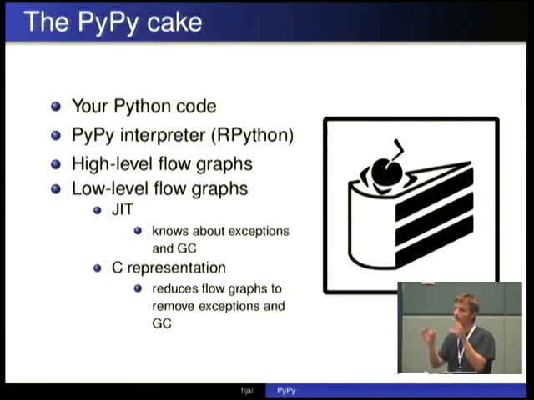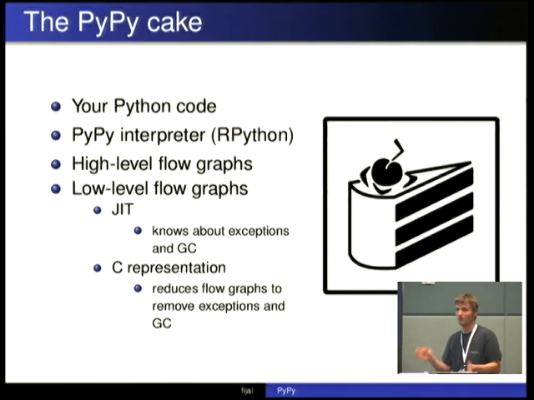Analyzing means that you create a flow graph of your interpreter, high-level and low-level flow graphs, and then, it's the tricky point, you make either a C representation of the low-level flow graph or a thing that the JIT can understand. As I said before, the JIT is a graph transformation from the graphs of the interpreter. So the JIT is not written for the Python language.